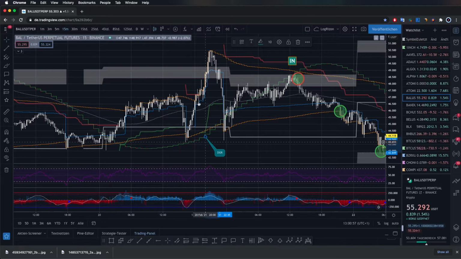Like already said, there are a lot more lines and indicators available in the DGR, but I just took out some of them. The most important is this DGR line. This is like the heart of the indicator, which shows you when we are above the DGR that we are in an upper movement, in a bullish momentum of the trend.